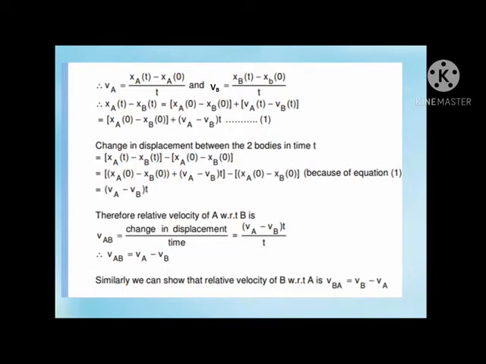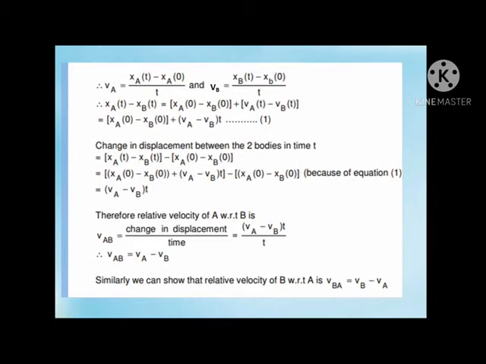Taking t from the denominator to the other side, we get vat and vbt. Then xat minus xbt equals xa0 minus xb0 plus vat minus vbt.